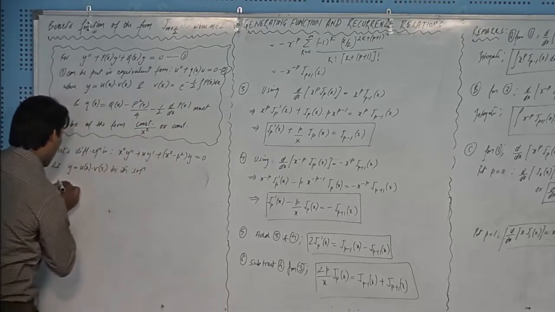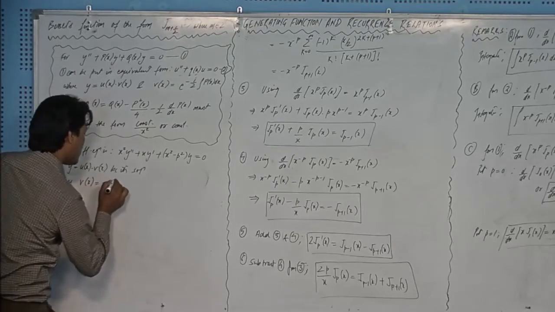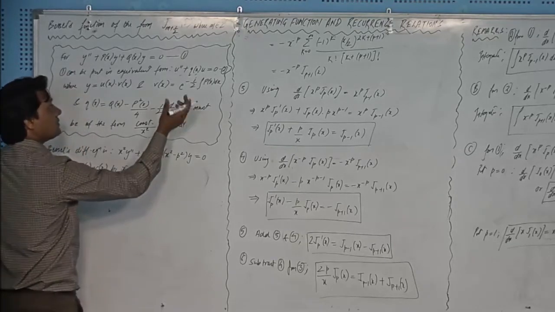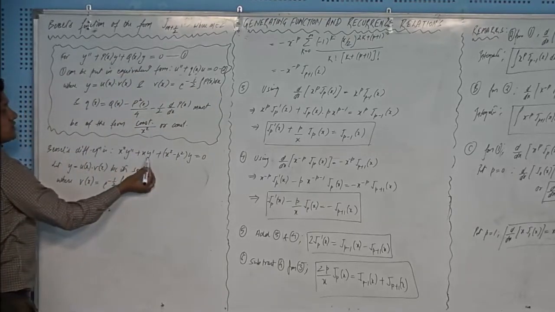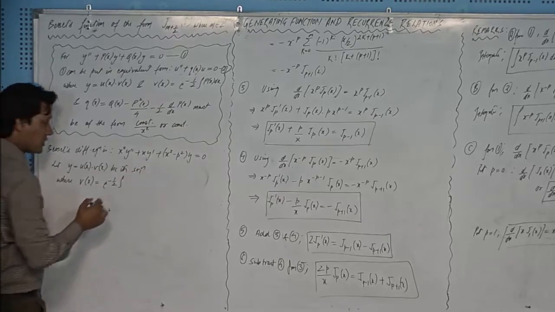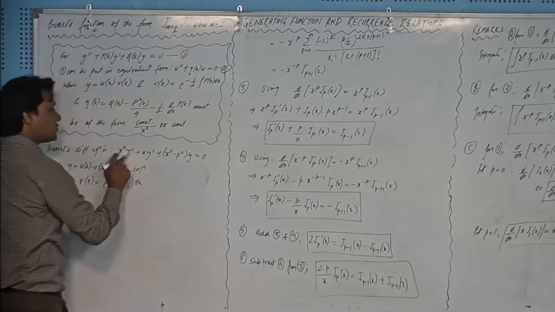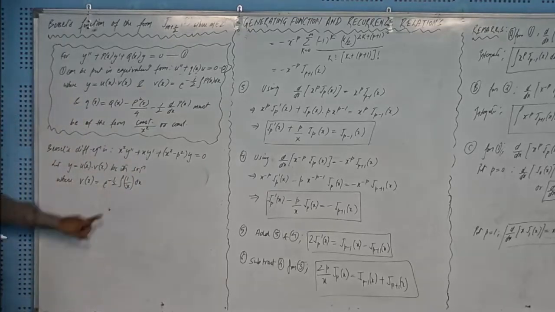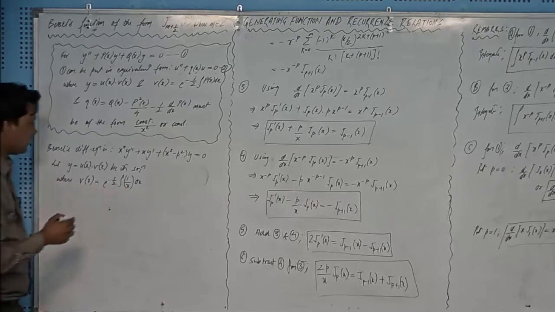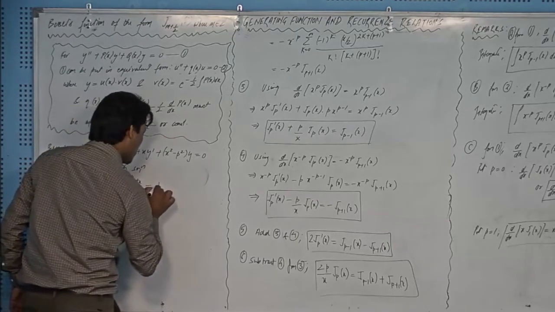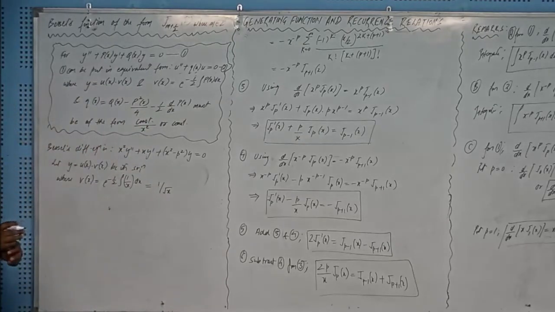So I will write that, where Vx is given by this formula, what is that, e to the power minus half integration px dx. What is px? Px is the coefficient of y dash, and in your case your px is 1 over x, right? So I write 1 over x dx. You should note that your px is 1 over x, right? And when you integrate it, you will get log x, and the final value will be 1 upon root x. So this is your Vx by using this direct formula.